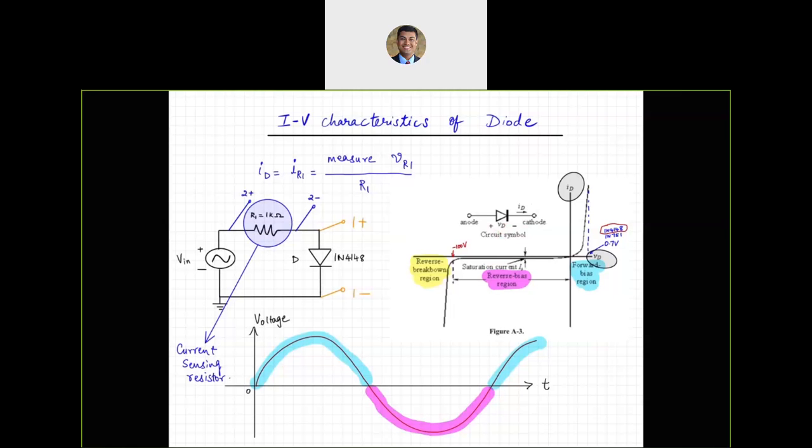So the question is, the conventional current flows from positive to negative, but the electrons actually move the other way. Absolutely right, that's a very good point, Corey. Anode to cathode is the direction of current ID, the direction of conventional current, which means the direction of flow of holes or positive charge. Electrons are moving in exactly the opposite direction.